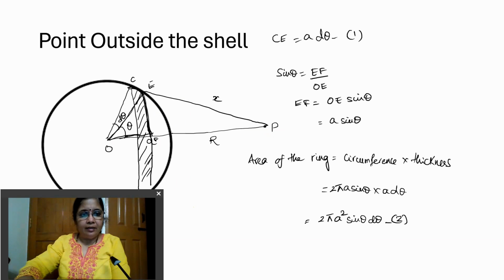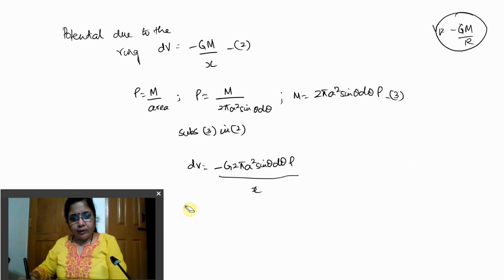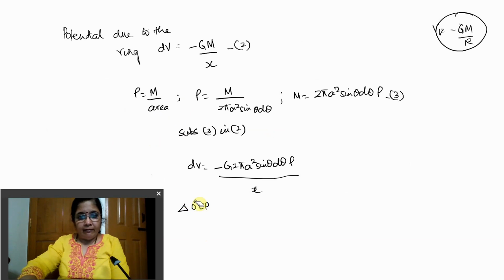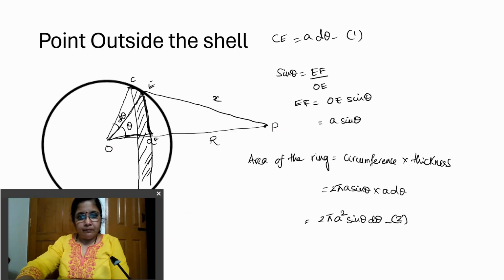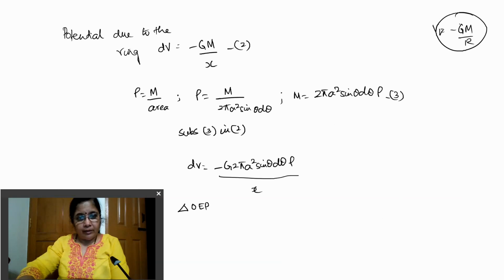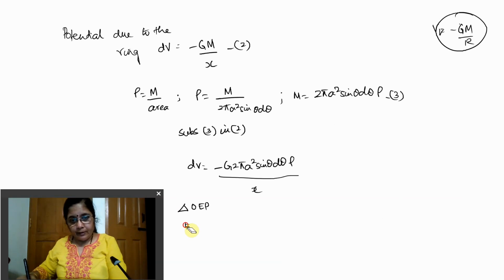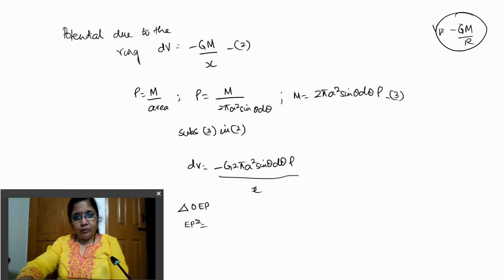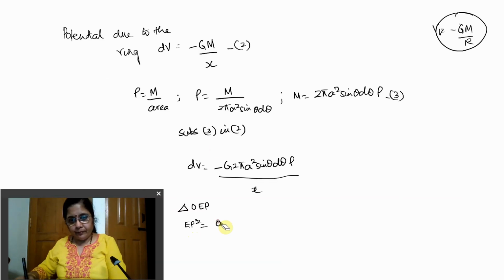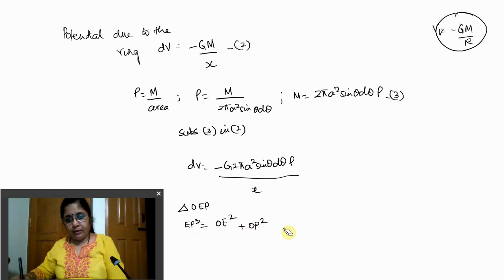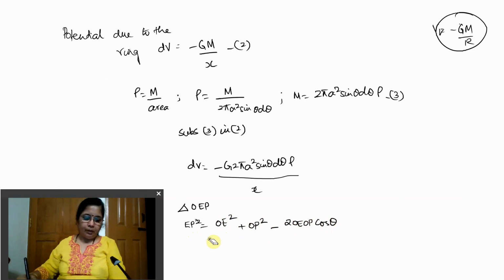From triangle OEP, I will have EP square is equal to OE square plus OP square minus 2 OE OP cos theta.